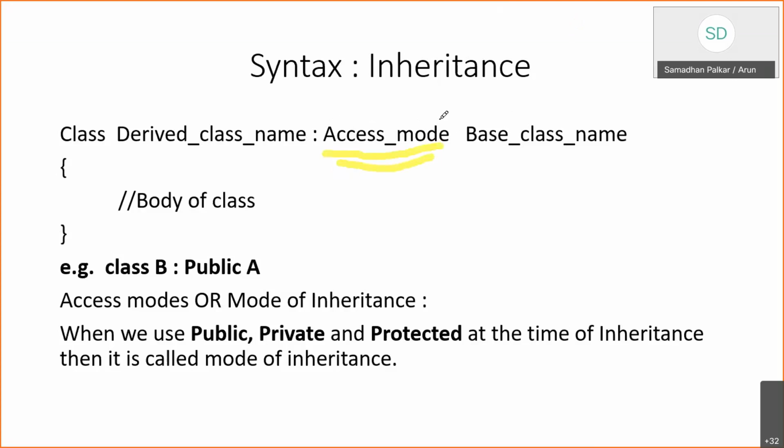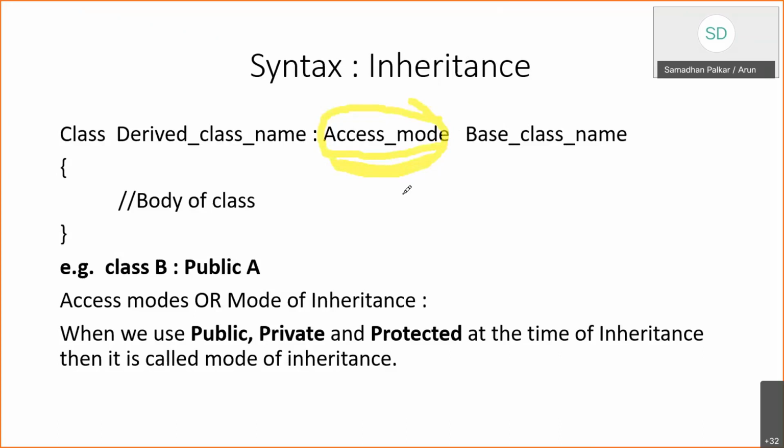Rather, this gives you the mode of inheritance. Just like you have three access specifiers, public, private, and protected. In previous lectures I explained public and private access mode. Protected is basically used in inheritance.